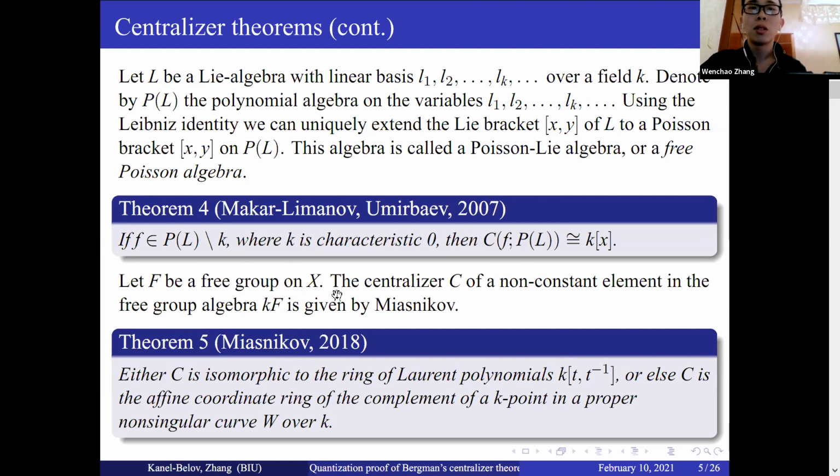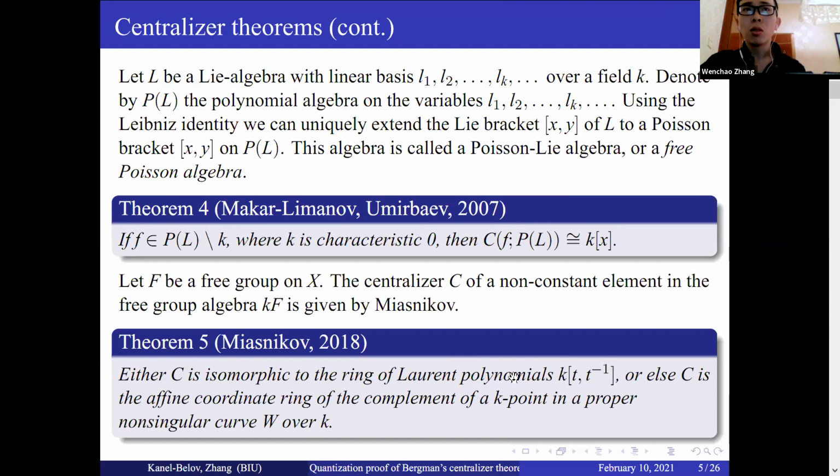If F is a free group on an alphabet set X, the centralizer of any non-constant element in the free group algebra kF is given by this: either the centralizer is isomorphic to the ring of Laurent polynomials k[t, t^-1], or else C is the affine coordinate ring of the complement of k points in a proper non-singular curve W over k.